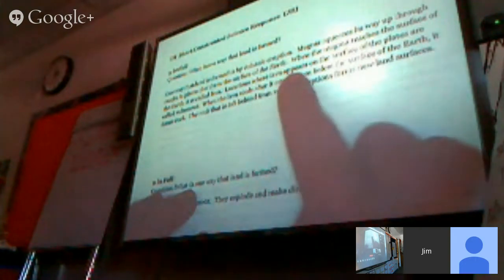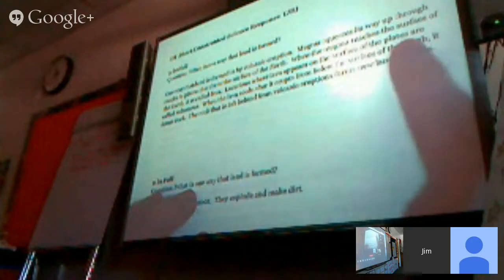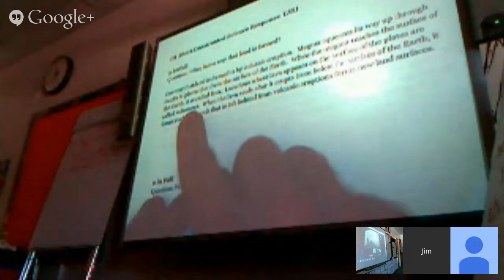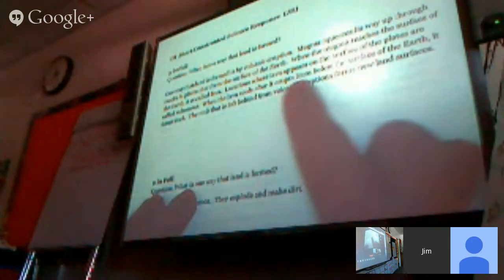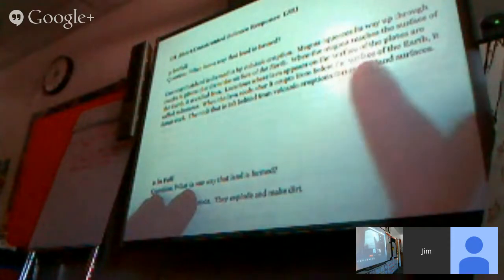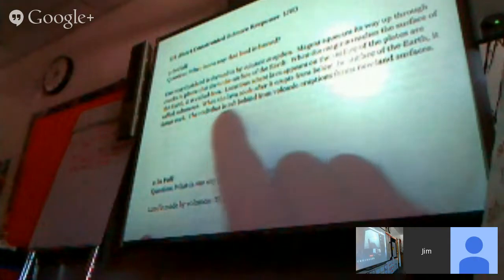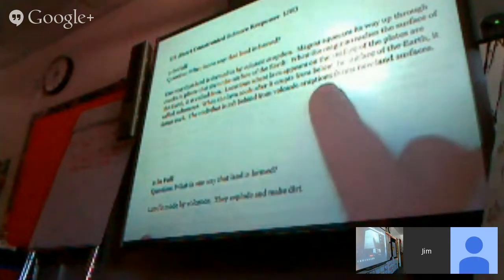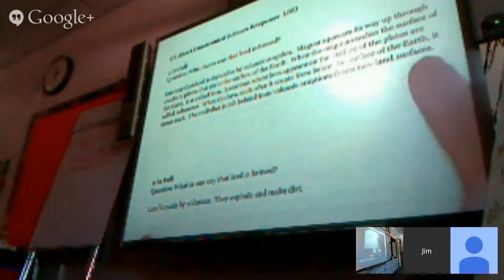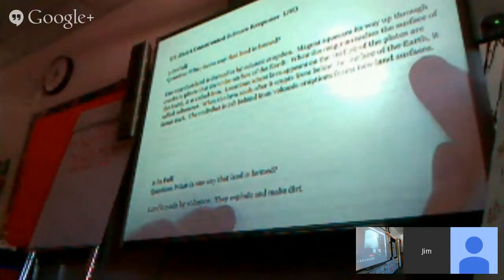Locations where lava appears on the surface of the plates are called volcanoes. When the lava cools after it erupts from below the surface of the Earth, it forms rock. The rock that is left behind from volcanic eruptions forms new land surfaces. Wow, what a great proficient response.